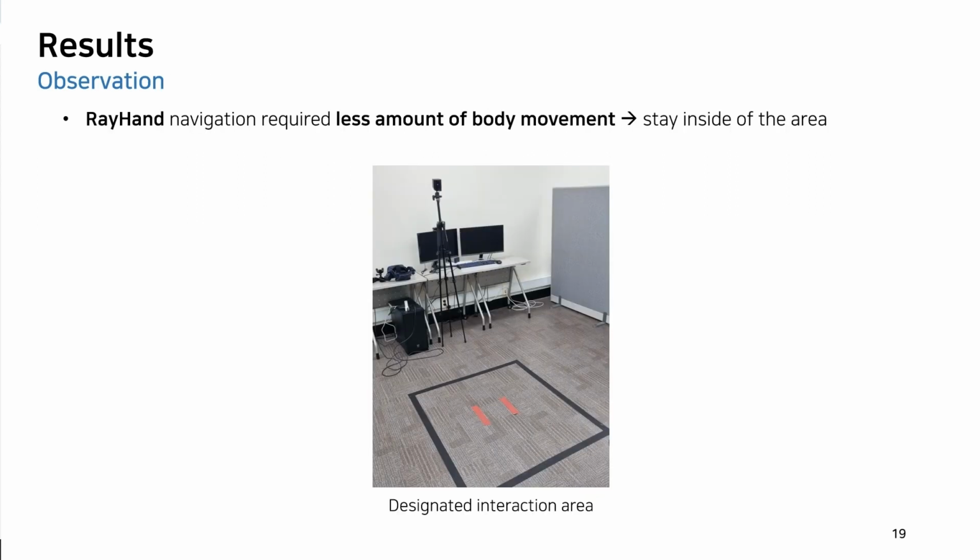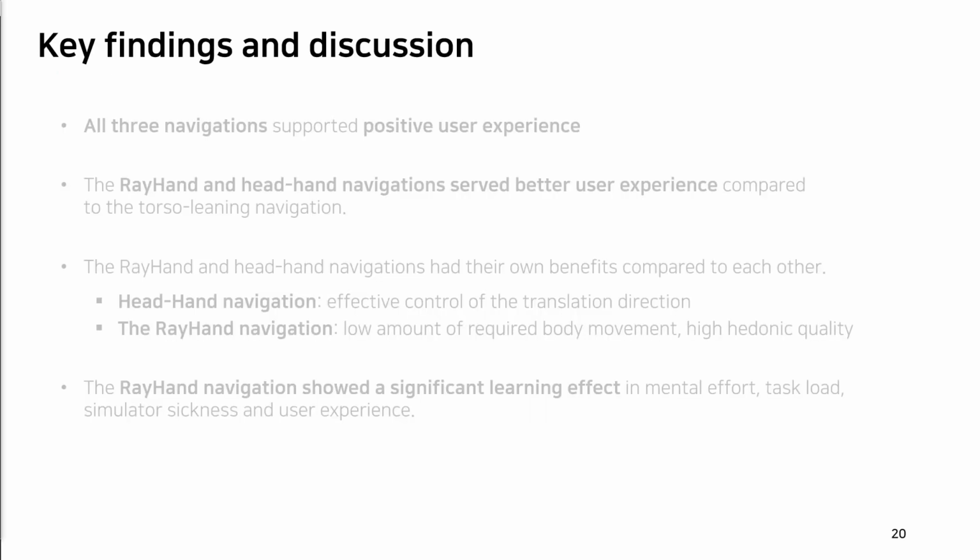And one interesting point is that in our observation, the RayHand navigation required less body movement and it helped participants stay inside of the designated interaction area. But the HeadHand and torso-leaning navigation had a significant issue of participants accidentally leaving the area.